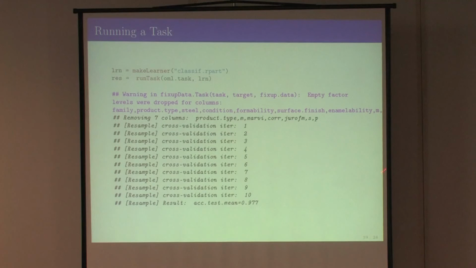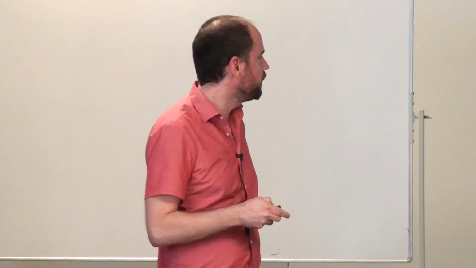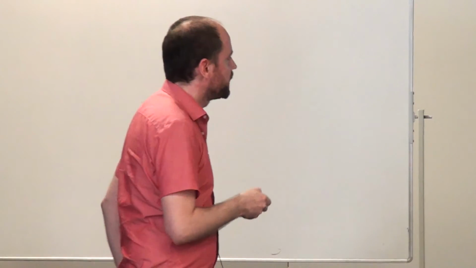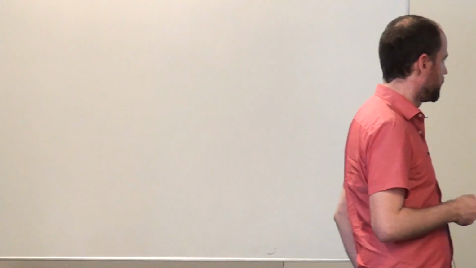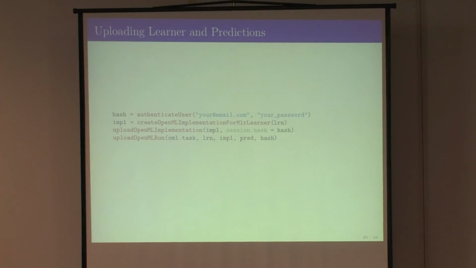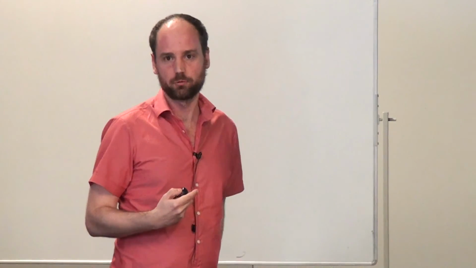And you get a result, so 97% accuracy, and of course, most important, the predictions, and those we might want to upload again to the server. This is the only thing that I didn't switch on because I don't want to change the server. So you authenticate at the server because you're going to change data. You basically register the learning algorithm of MLR.